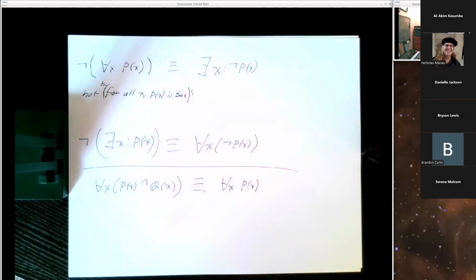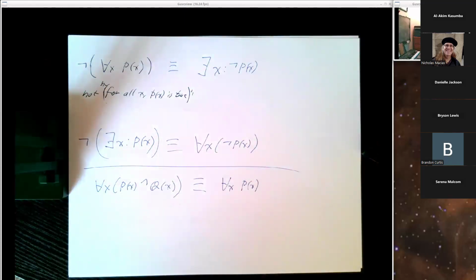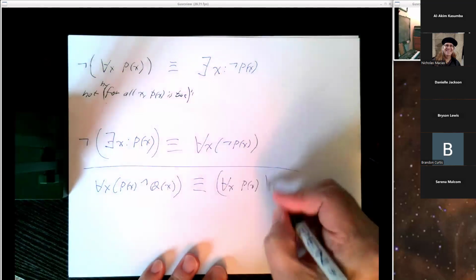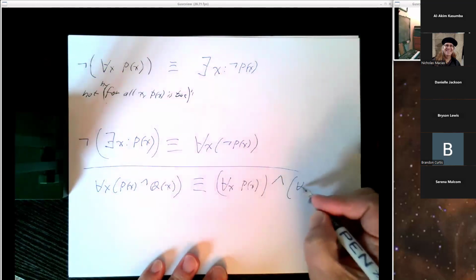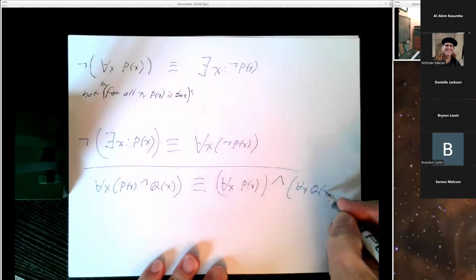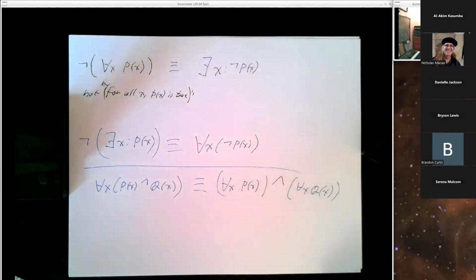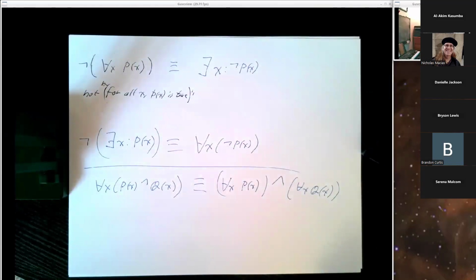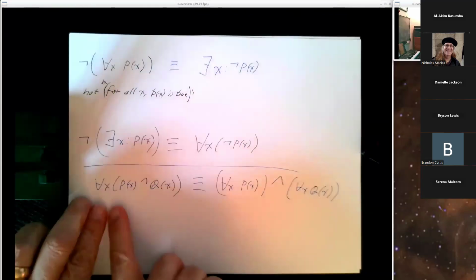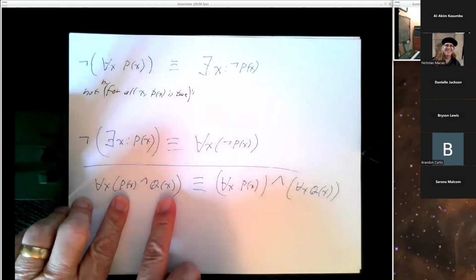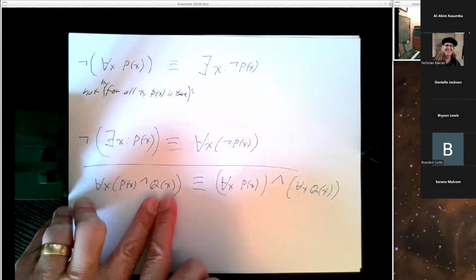Then this is also true, right? For all X, P of X must be true. And for all X, Q of X must be true. If I know for all X, this conjunction is true, well, if the conjunction is true, that has to be true and that has to be true.